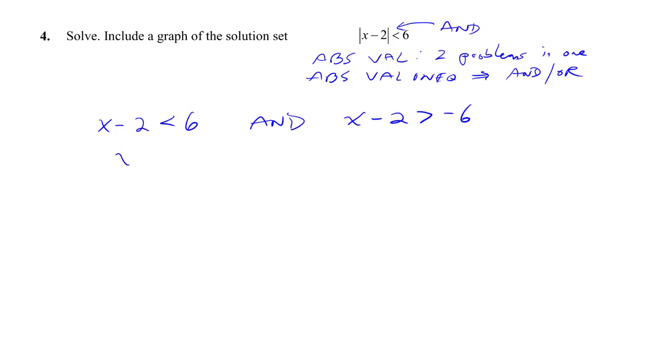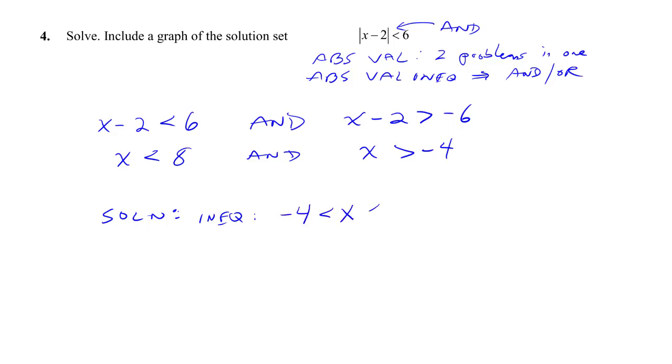This is just going to give me x < 8, and this is going to give me x > -4. I need both of these ready for the solution. Inequality-wise, we'd be going -4 < x < 8.